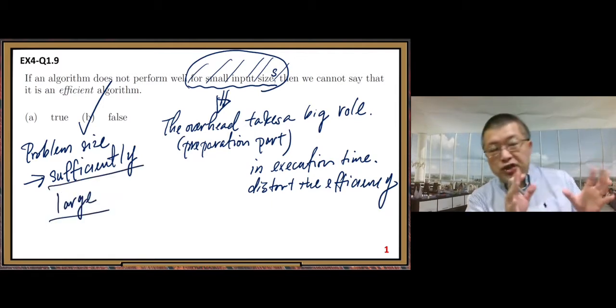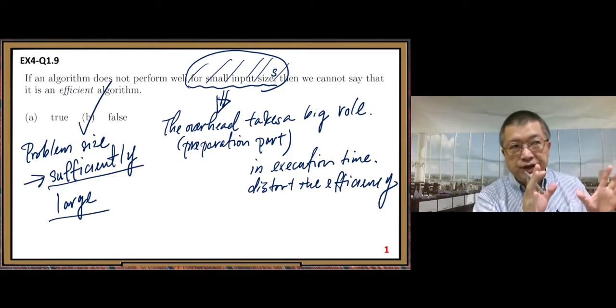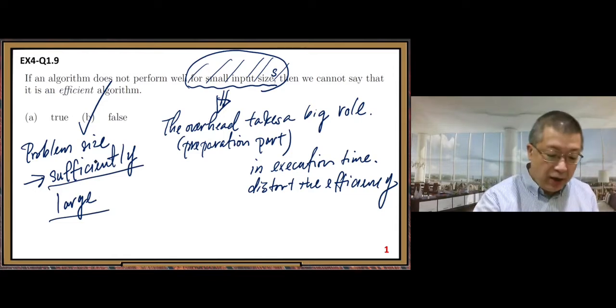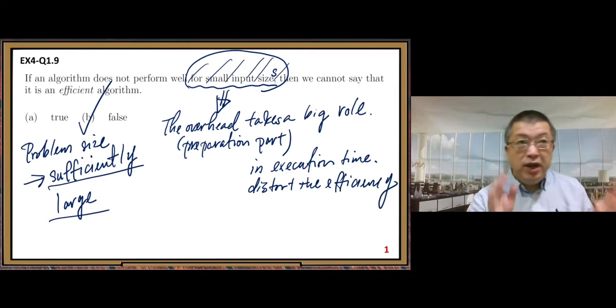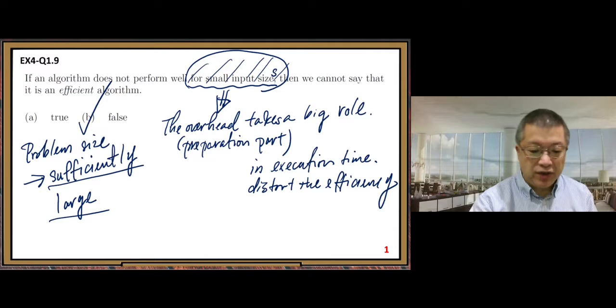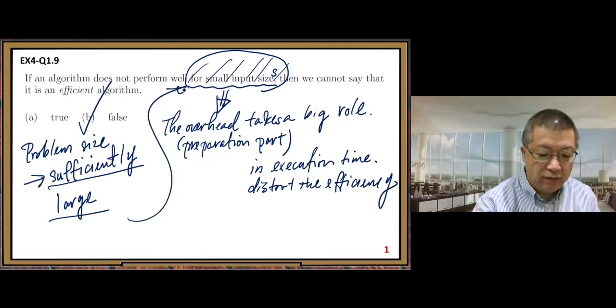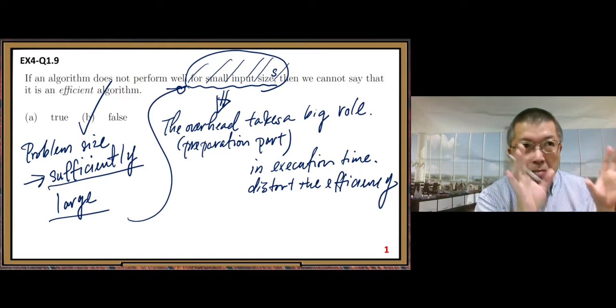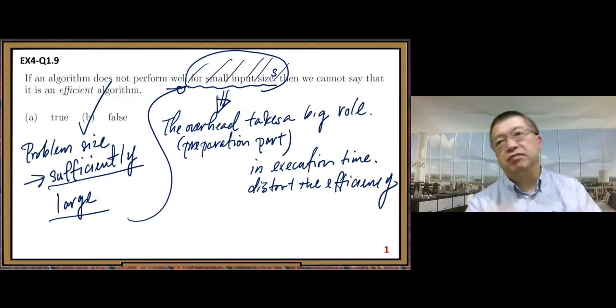This wording, sufficiently large, looks a little vague. Here, we need to use that vague wording. The reason is we don't know the exact amount for the problem size.